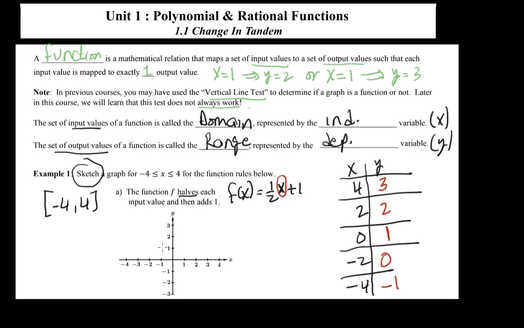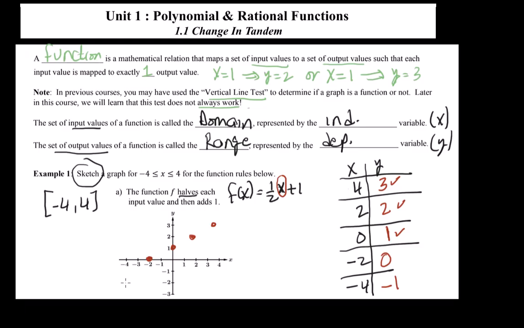So we have the x and y coordinates. Then we just find the points on the coordinate plane. 0 goes to 1. Then we label that. Now 2 goes to 2. 4 goes to 3. -2 goes to 0.